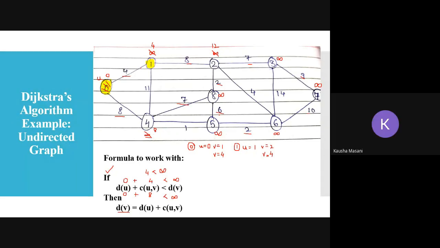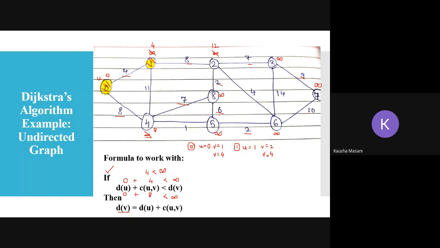Okay. So with this, 1 is completely explored. Again repeat the same process. Choose the vertex which is having the minimum vertex distance to pick as your source vertex now. So which one is the minimum one now? Which one will be your next source vertex?